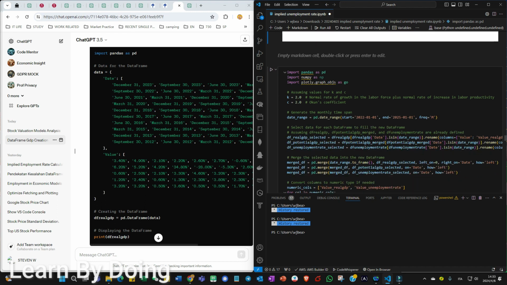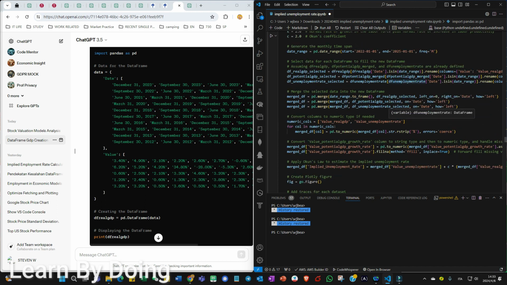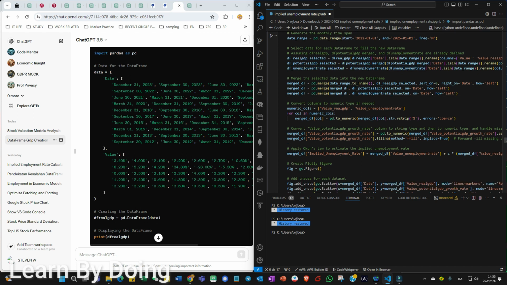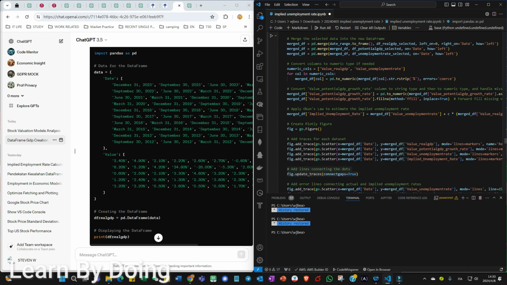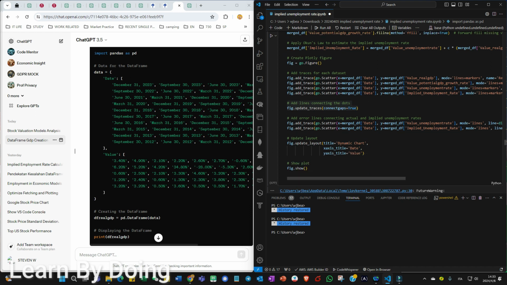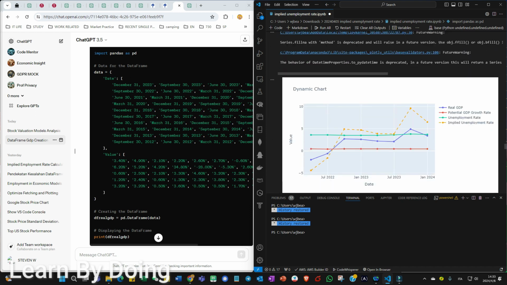I keep on asking it, so it did some modification. Okay, help me check the data, check all the code, and let's see what it gives. Okay, at this point, I have this potential GDP growth rate shown here. To be honest, at this moment, the percentage change of the potential GDP, I need to check the data.